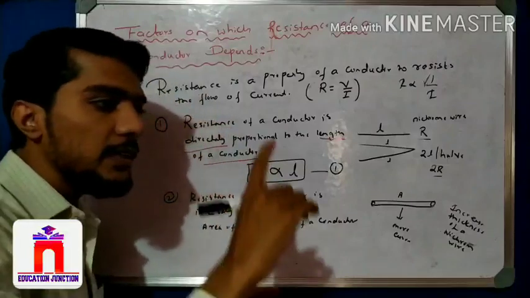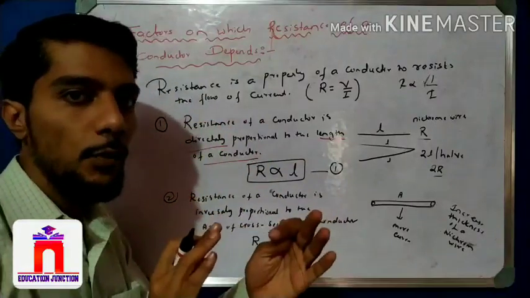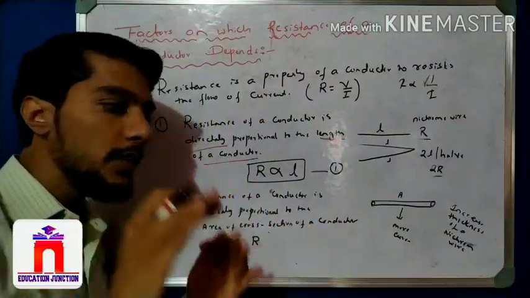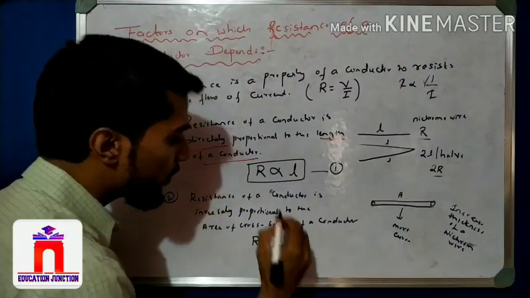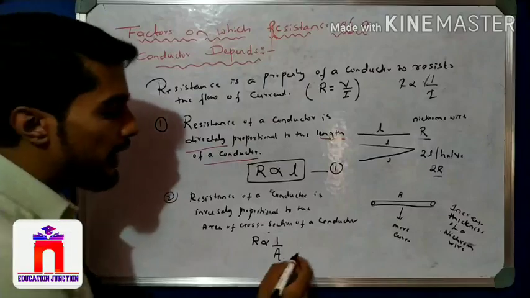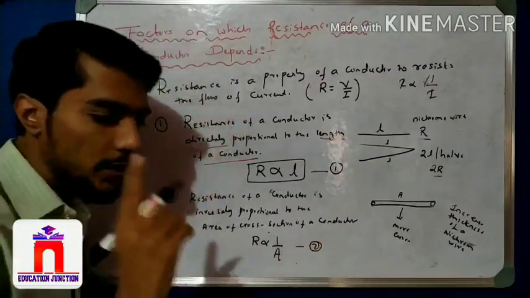When area increases, resistance decreases; one increases, one decreases, and in that opposite case we take inversely proportional. So R is inversely proportional to 1 by A. That is equation 2, students. Hope you understand this one.